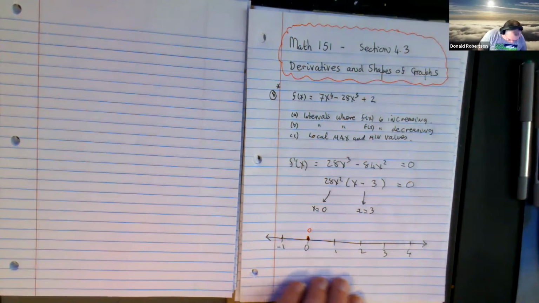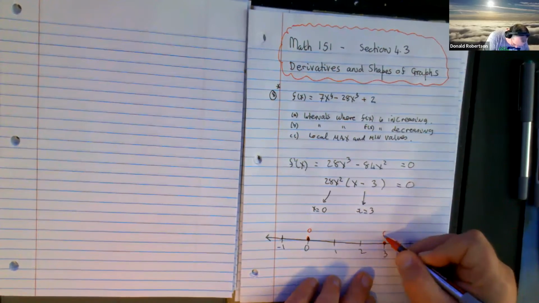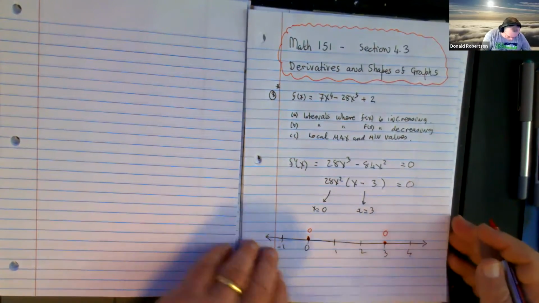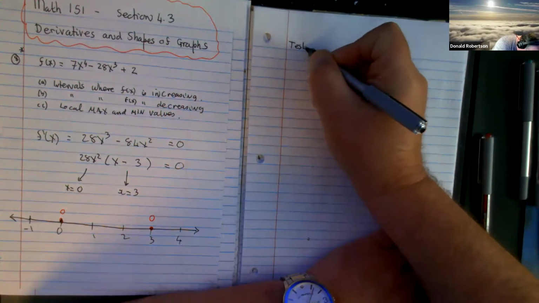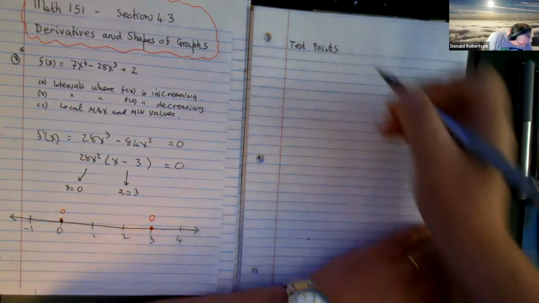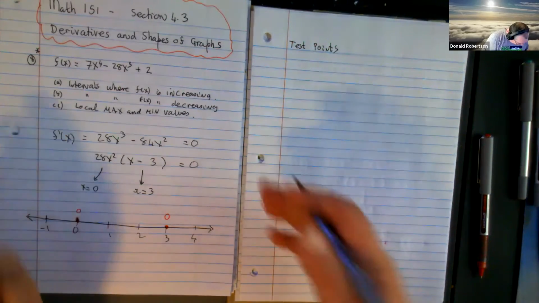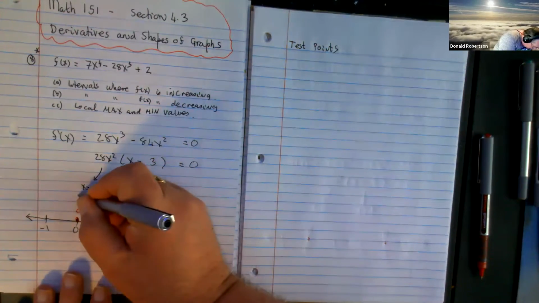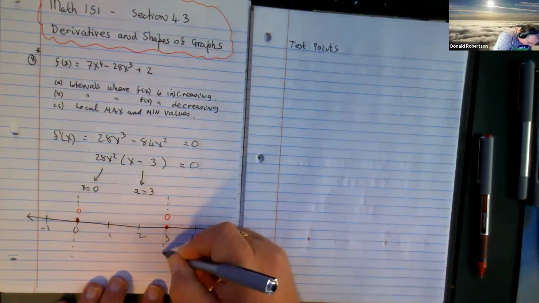So x equals 0, the derivative is 0, and x equals 3, the derivative is 0. I'll do my working over here. And then you find what are called test points. These are values of x where you're going to find out what the derivative is equal to. And you don't need these extra dotted lines, but for me anyway, seem to help.